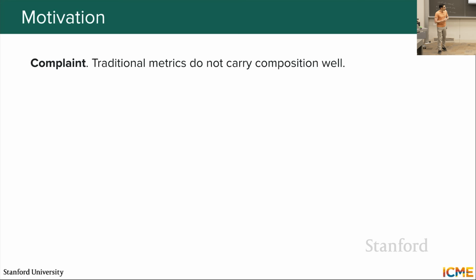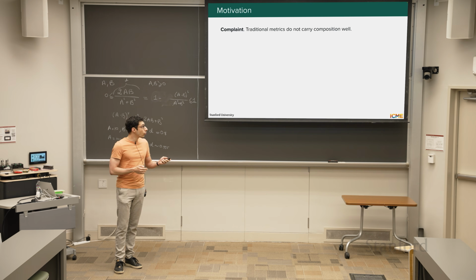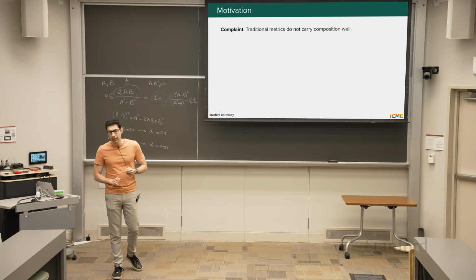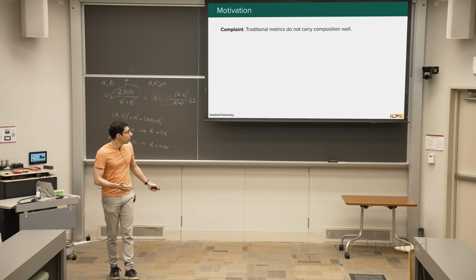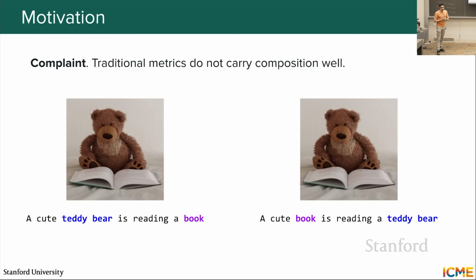So I'm going to state another complaint. So here we saw CLIPScore, and one great thing about CLIPScore is that it can try to convey whether the semantic meaning of a generated image was preserved. But one thing that we observe is that semantically encoding the meaning of a prompt within a vector and then doing some dot products with respect to the embedding of the image might not carry all the semantic subtleties that prompt variations might convey.